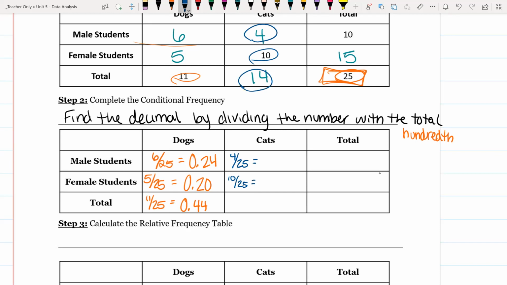And we had 14 out of 25. Okay, so find those decimals for me. Same thing for totals. Your totals were 10 out of 25, 15 out of 25, and 25 out of 25. So find the decimals for those last 6. Okay, so pause real quick and find those decimals for me.